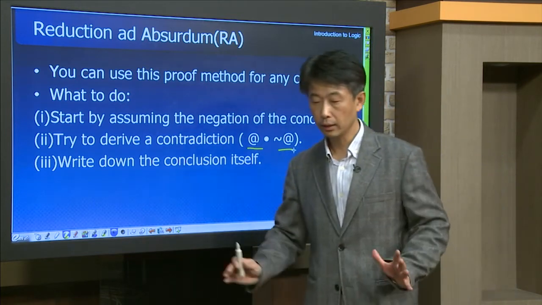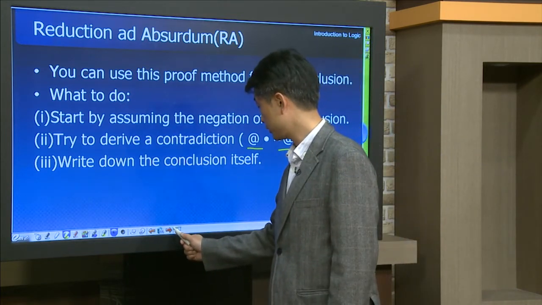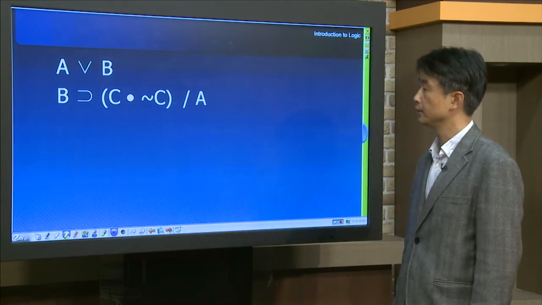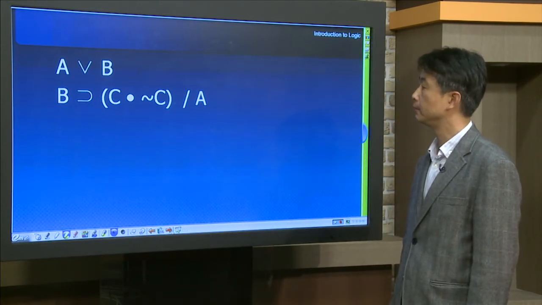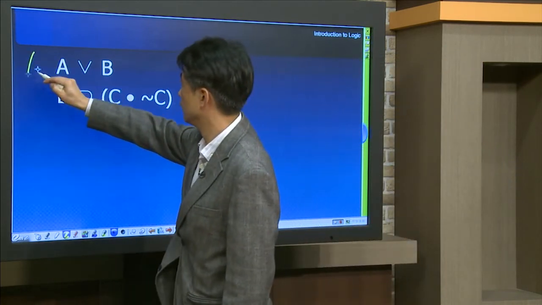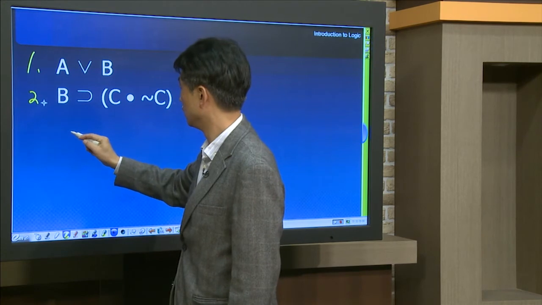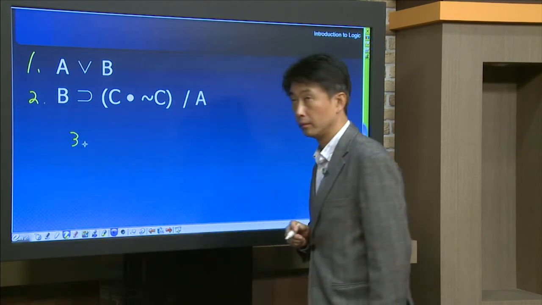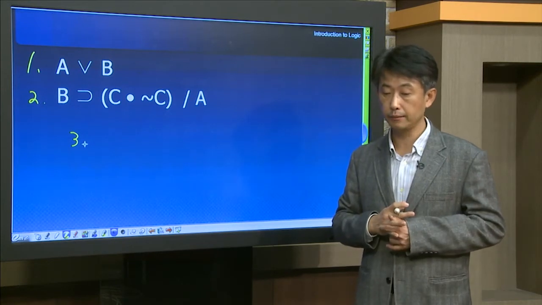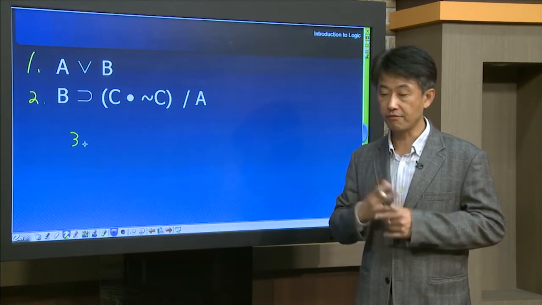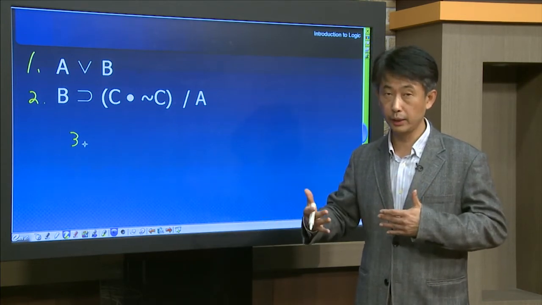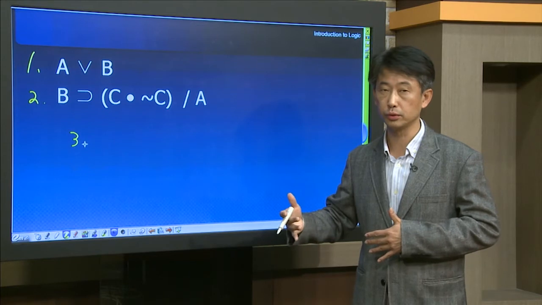Okay. Again, we will use an example here. Here are two premises, and the conclusion is A. Okay. Number 3, if I have decided to use RA, then I follow the instruction, and the instruction says I start by assuming the negation of the conclusion.